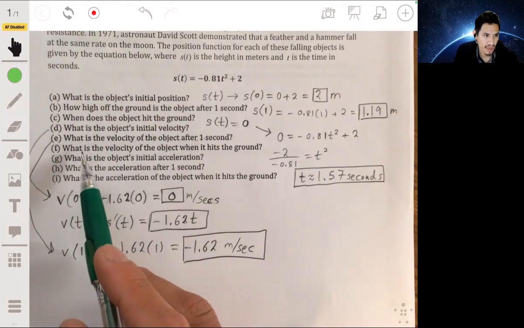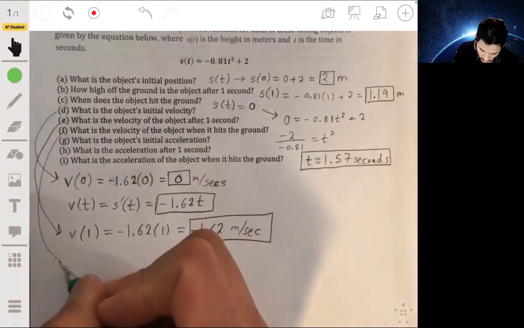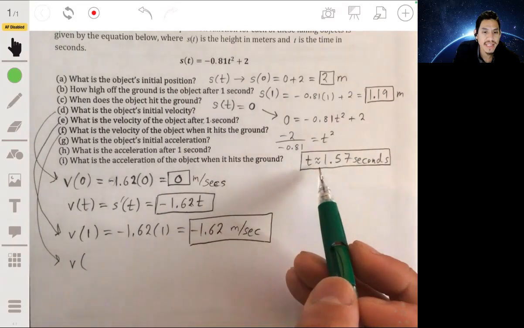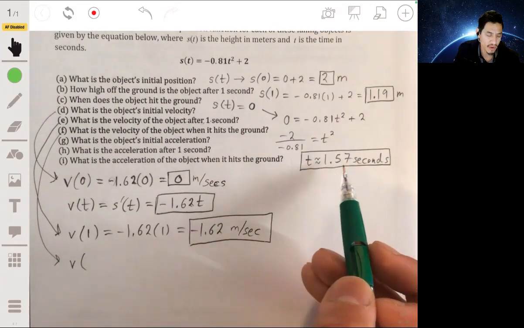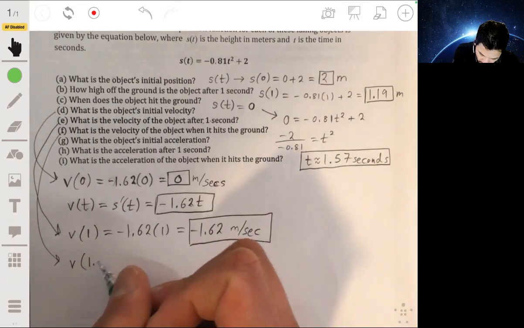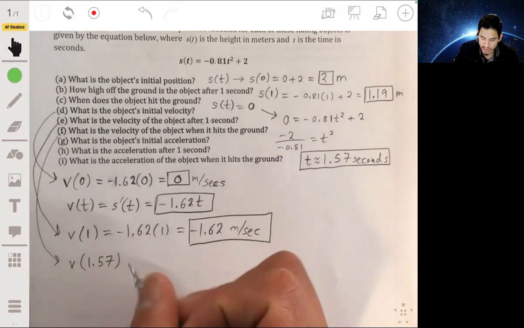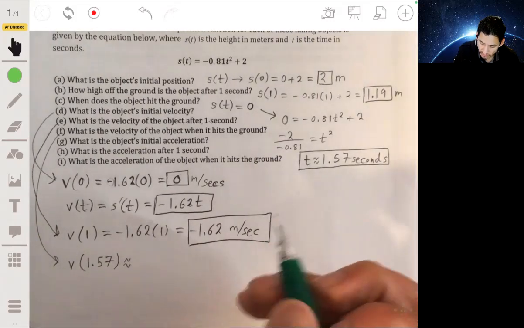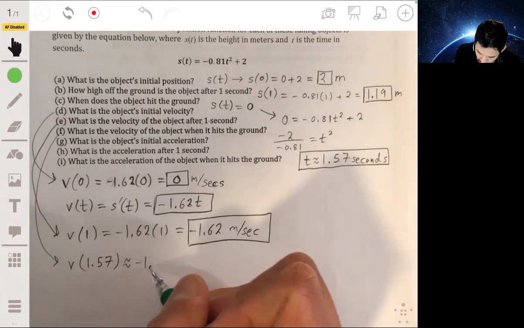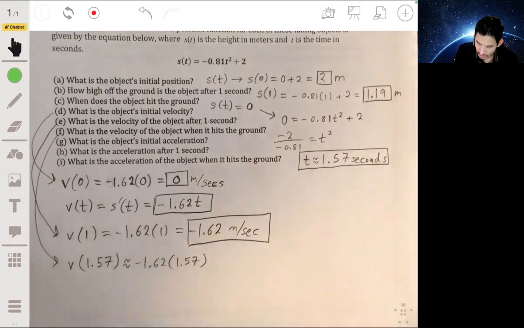Now, part F, what's the velocity of the object when it hits the ground? Well, it's going to hit the ground at about 1.57 seconds. So we want to find what v of 1.57 is approximately. We plug in 1.57 into there, so we get -1.62 times 1.57.